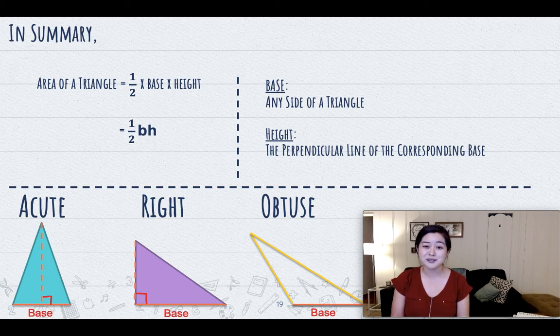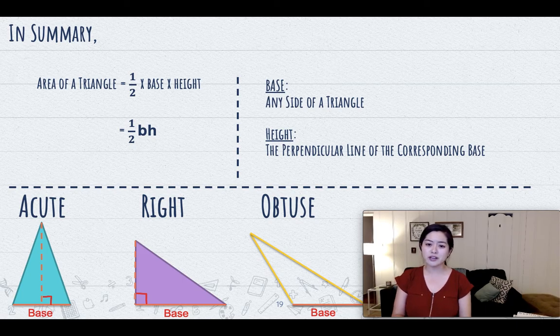All right, so now let's look here at the right triangle, okay? In a right triangle, the base is the other side of the triangle because it already makes a 90-degree angle, so it is already perpendicular. And the obtuse one is a little bit tricky though, okay? Because if we look at the base of the obtuse and then the highest vertex, once the base is on the ground, it's kind of further beyond the base, right?